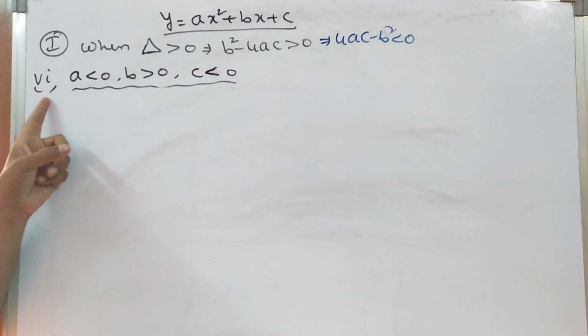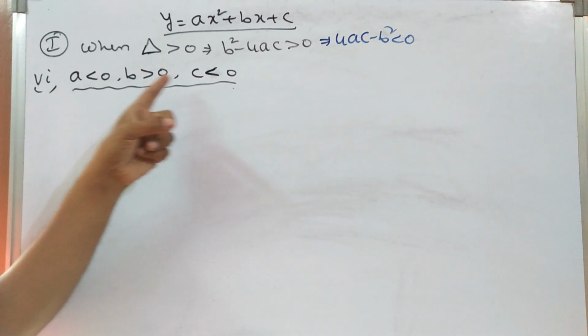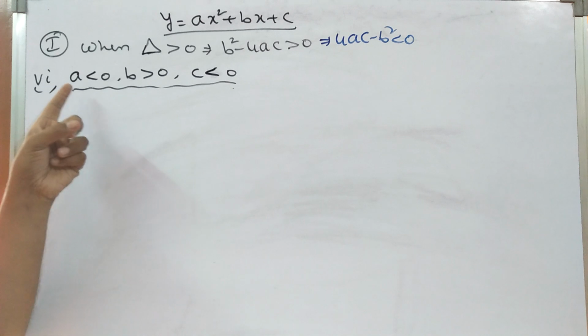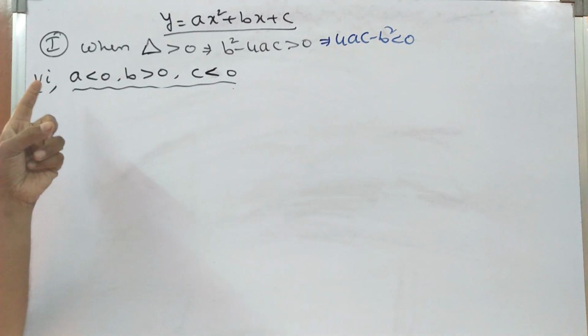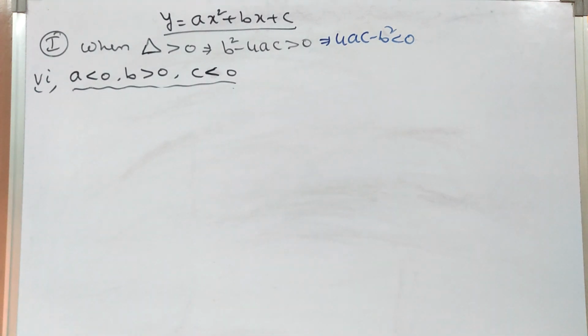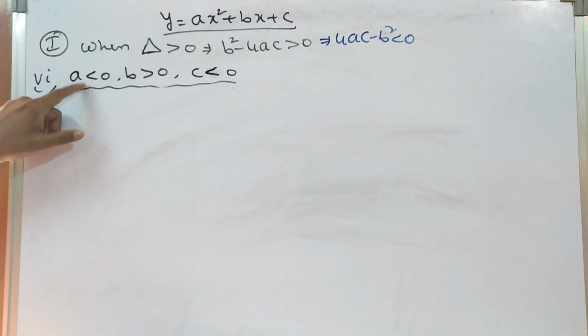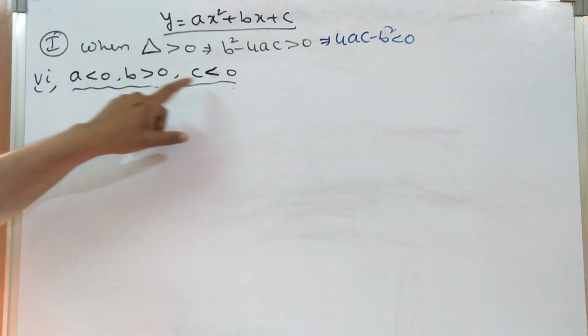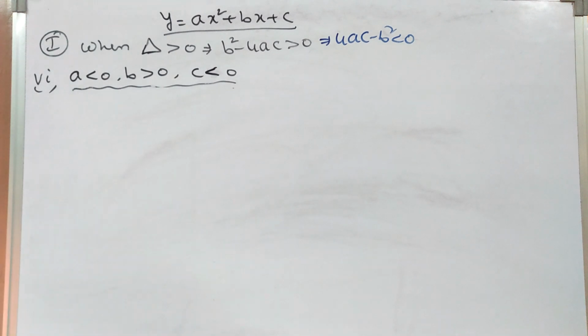Right, now let us go for the sixth case. Under the first type, A less than 0, B greater than 0, C less than 0. A less than 0 means maximum value or minimum value?